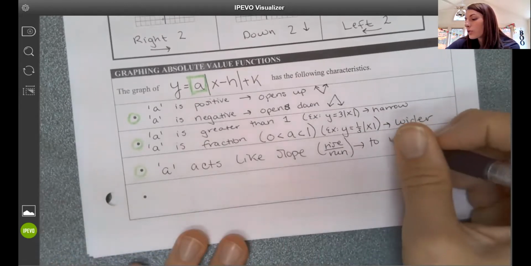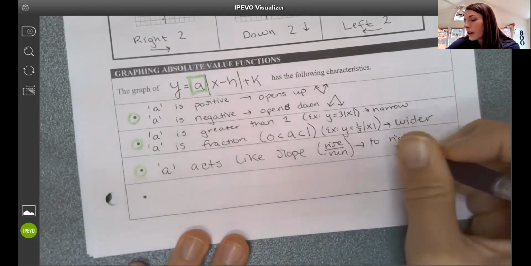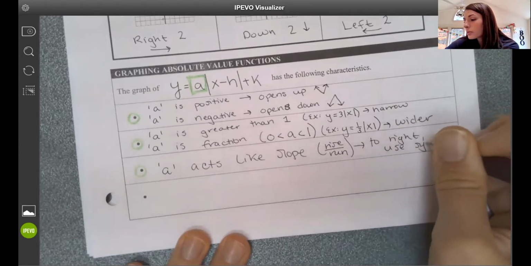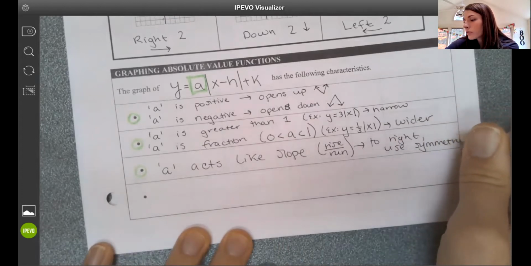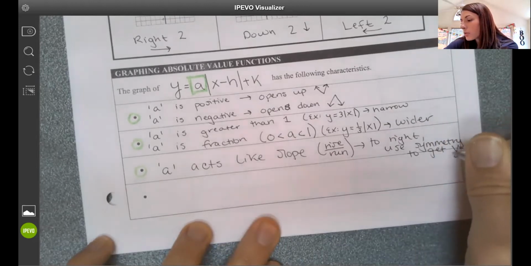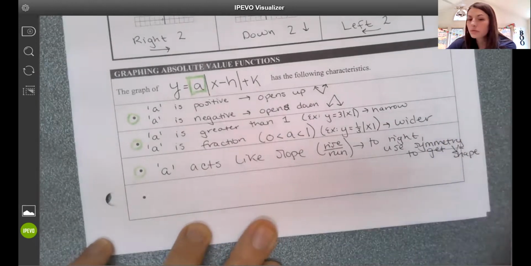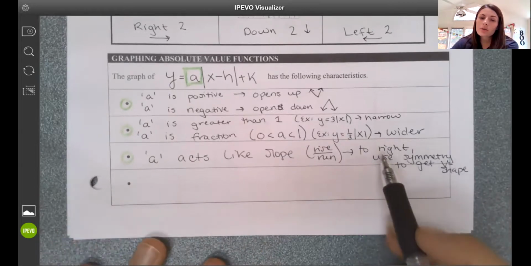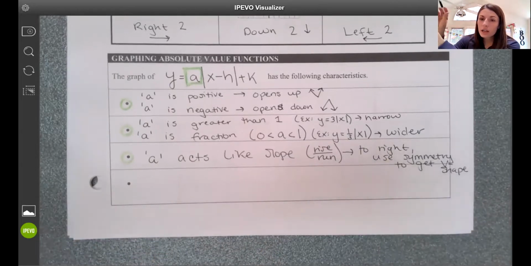And we go to the right and then use symmetry to get the V shape. Okay, so we can use that rise over run, get the right half of my V, and then just mimic it, use symmetry to get the other side.